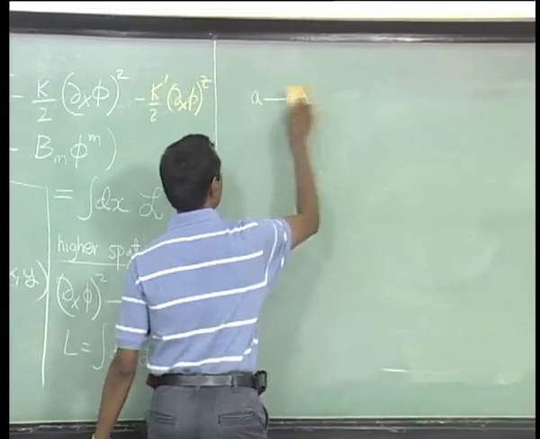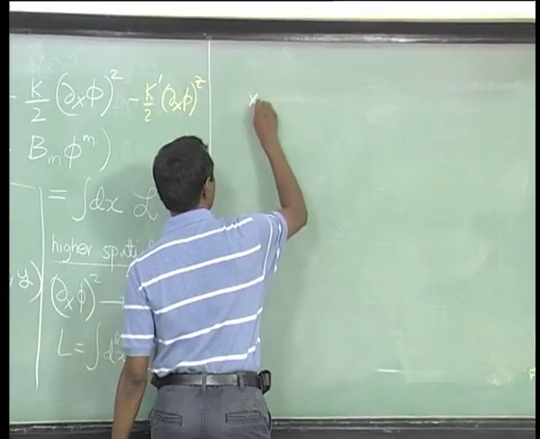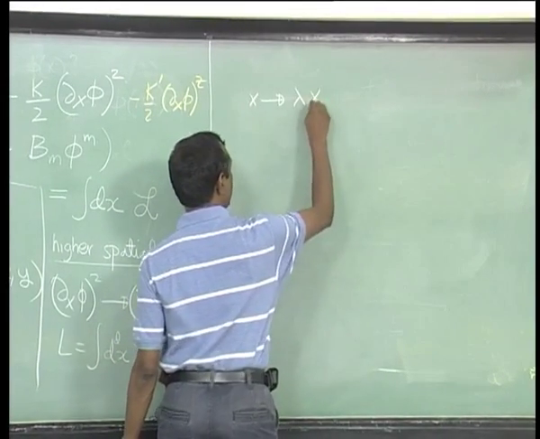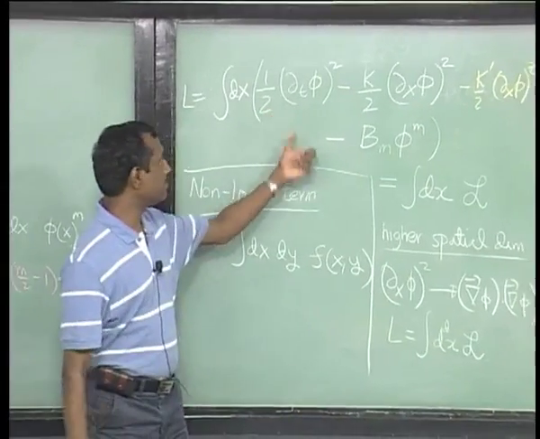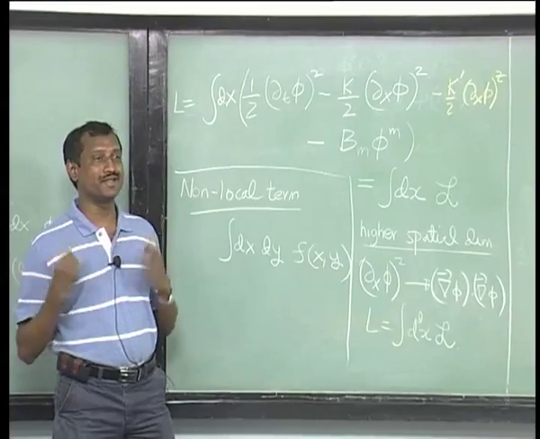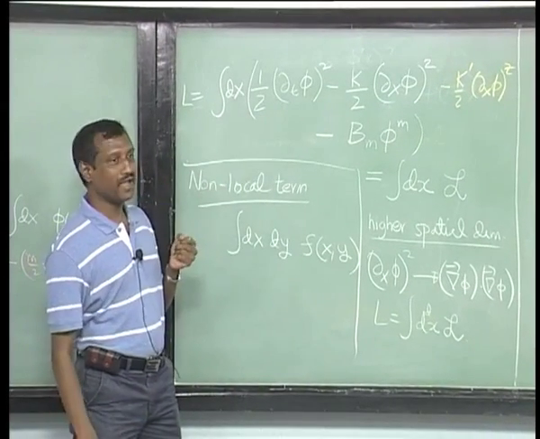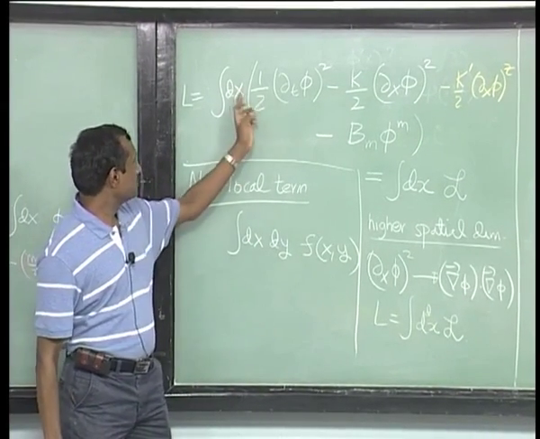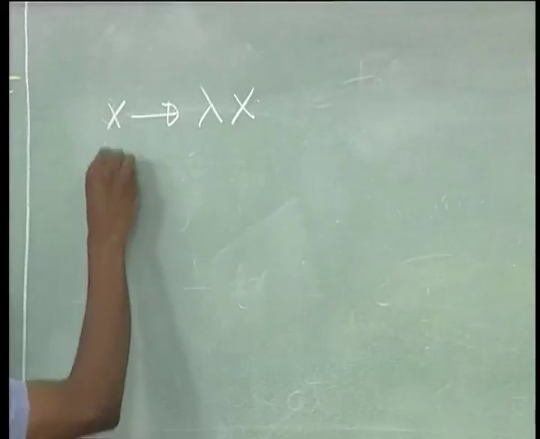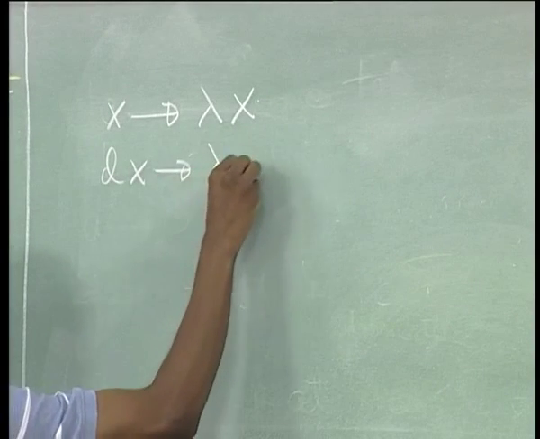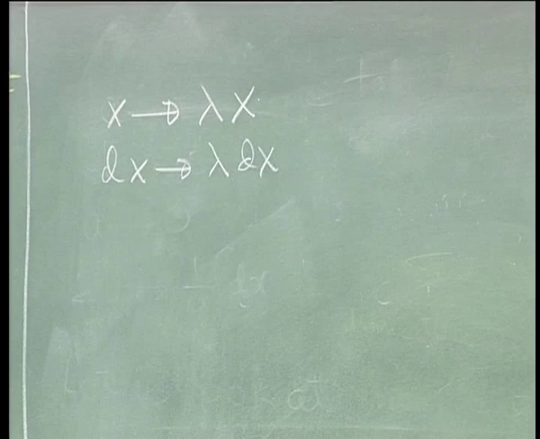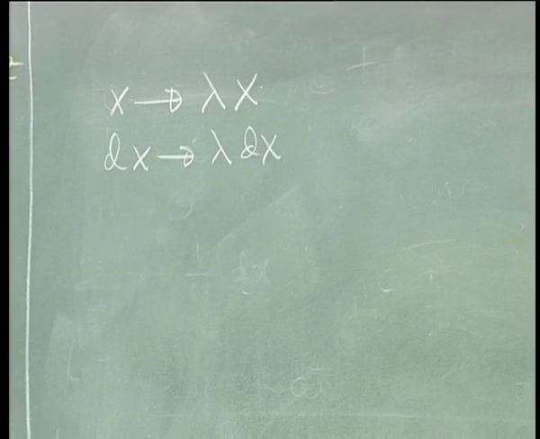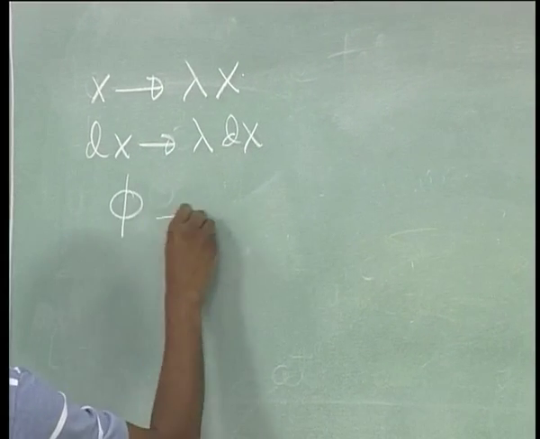So I replace x by lambda x, and we demand that every term is scale invariant in some sense. So we start from this term and look at it. This implies that dx also scales like lambda dx. You look at this part, t does not scale, so only phi has to scale. So phi should scale to cancel that.